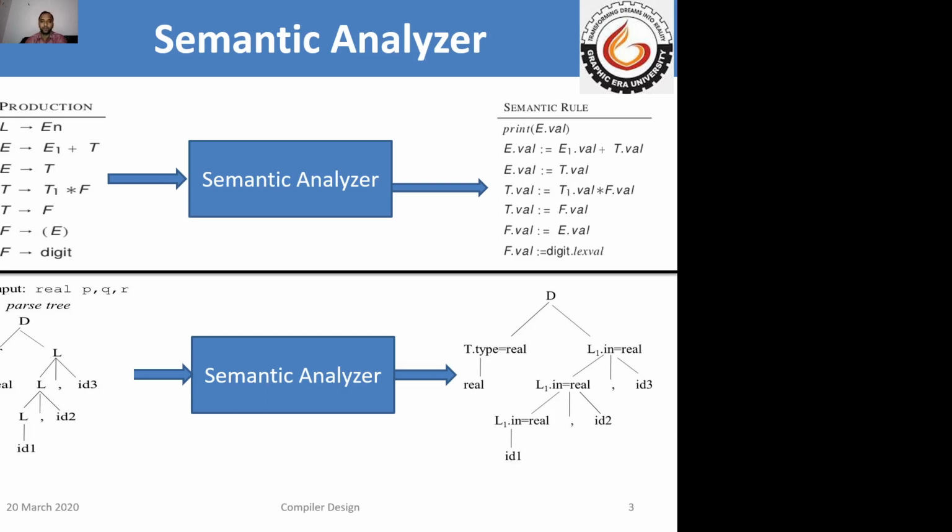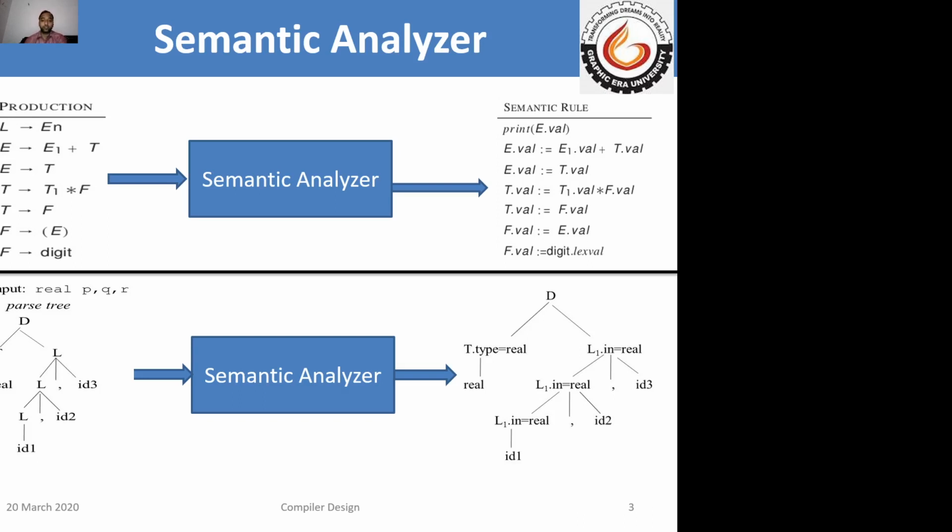So if we see an annotated parse tree, what is the difference between an annotated parse tree and a parse tree? An annotated parse tree always contains attributes associated with every production symbol. The symbol may be a variable or a terminal. Now there is a question in semantic rules.